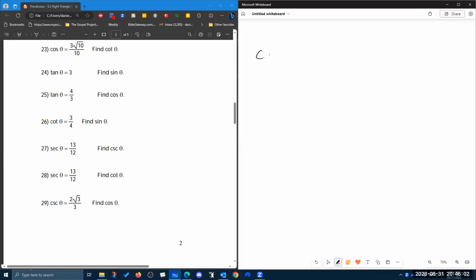If cotangent of theta is equal to 3 over 4, we want to find sine of theta.